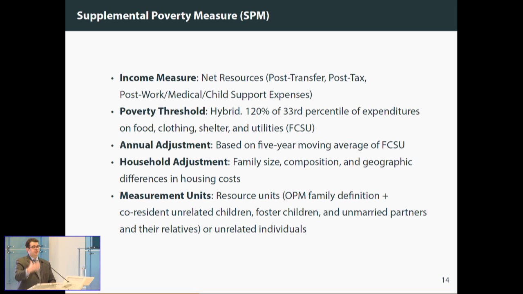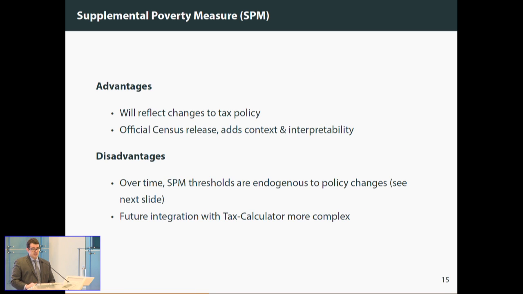And then they increase that by 120%, or it's 120% of that, to add a little bit more of a margin on top of that. And then what the SPM does is it actually takes the 5-year average of that FCSU calculation to prevent any one-year noise from altering the thresholds. So automatically you can see that this is a very different way of looking at poverty.